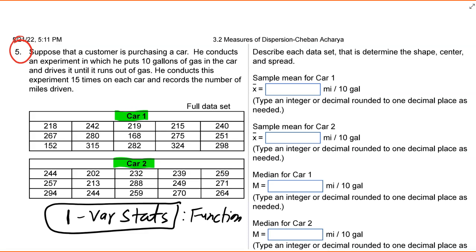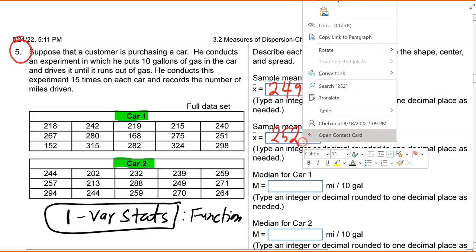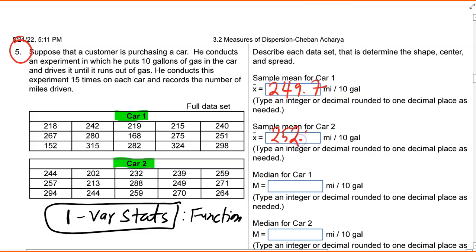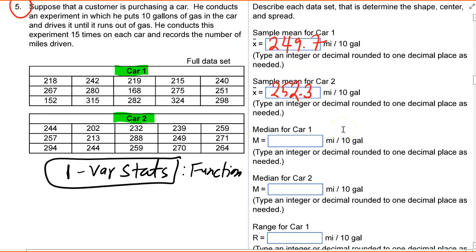and you'll find the sample mean for the first car is going to be 249.7. The sample mean for the second car is going to be 252.3. Pause the video and do it yourself. You should get these numbers for car 1 and car 2. The median of car 1 is going to be 251.